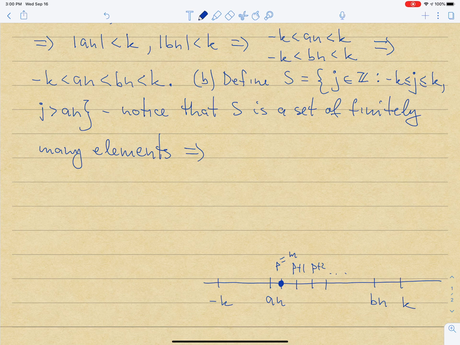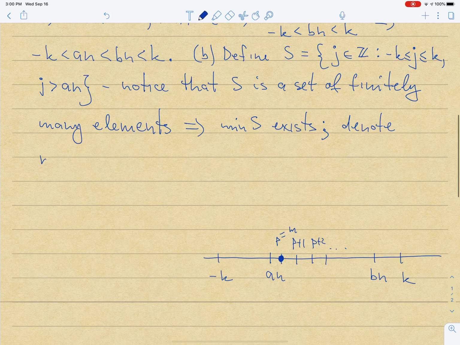Because we talked about this before. If I have a set of finitely many elements, I can always find the largest element and the smallest element. So minimum of S exists. And so I'm going to denote M to be the minimum of S.